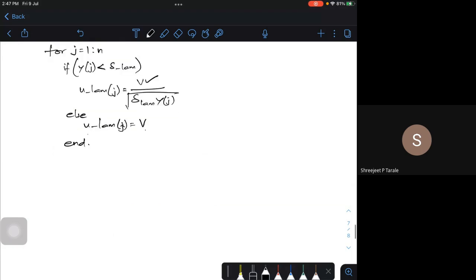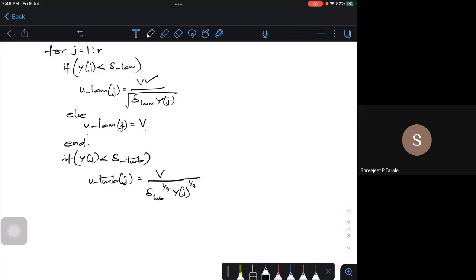Then for the turbulent condition, same thing. In the same for loop, if y of j is less than delta turbulent, I can put u turbulent of j is equal to V divided by, here it is the 7th root actually, so delta turbulent to the power of 1 upon 7, y of j to the power of 1 by 7.